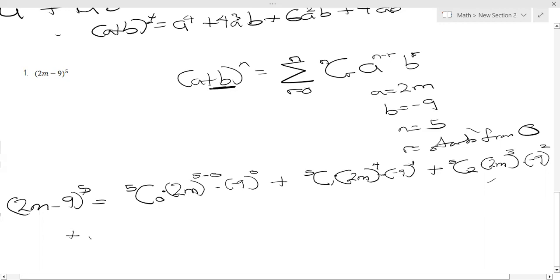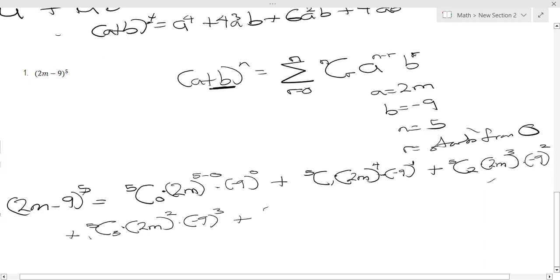Plus, we're now at 5c3. We'll just keep on going until r reaches the value of 5. It's long, but it's still shorter than having to open the bracket and open the bracket again and again. You just spend a long time. 5c3 dot 2m raised to power 5 minus 3, which is 2, dot minus 9 raised to power 3.